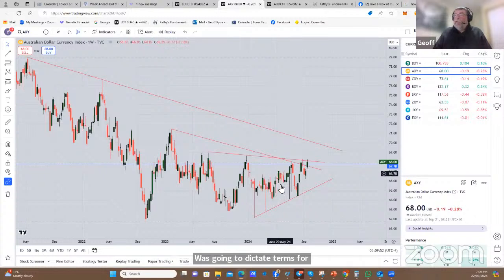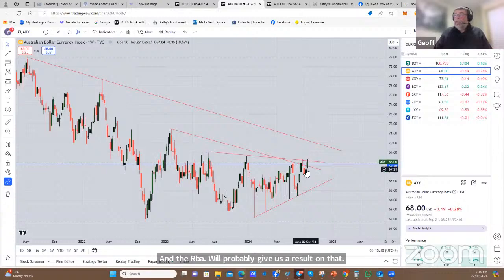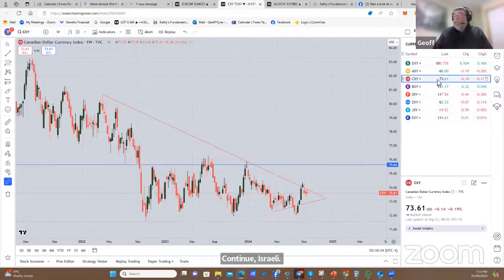And all of these rejections, see all of these long, low test bars here, suggested to me that this was destined for higher. And this week, the RBA will probably give us a result on that. So I'm tipping that the Aussie will continue its rally, but it is at resistance.